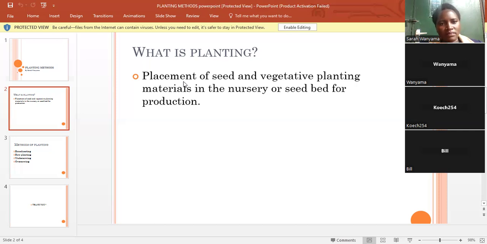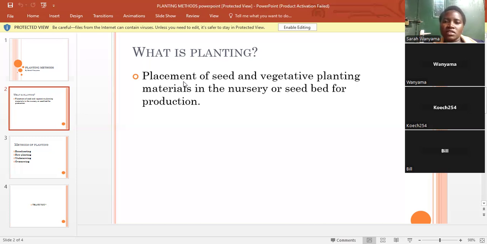So what is planting? Planting means the placement of seed or vegetative planting material in a nursery or a seed bed meant for production. For instance, if it's maize, you take your seeds and place them either in rows or randomly in a medium of growth, which in our case is soil because we are planting a seed bed outside.